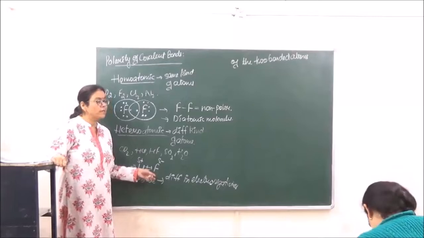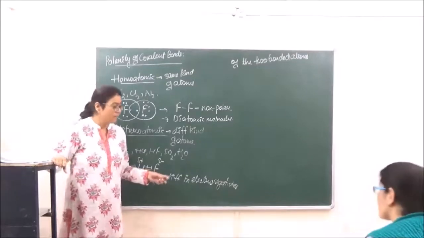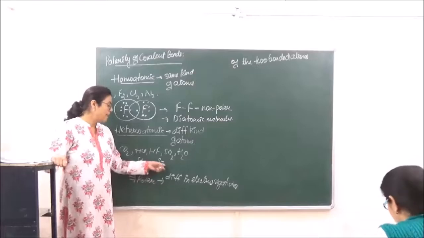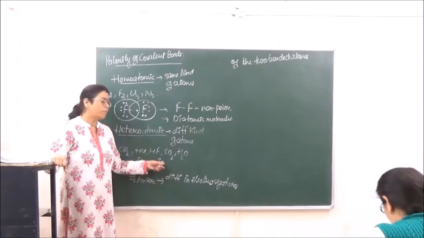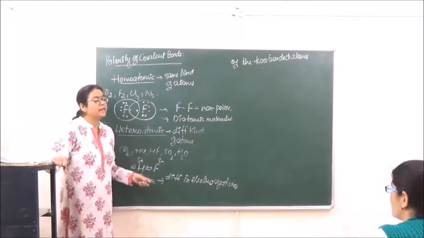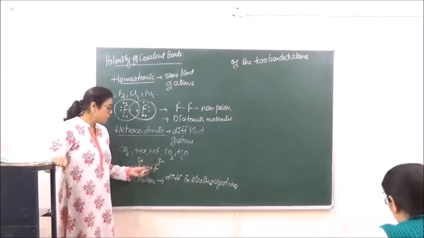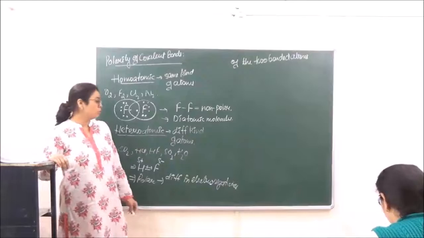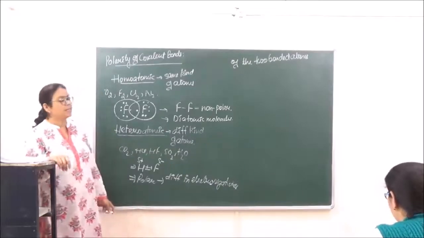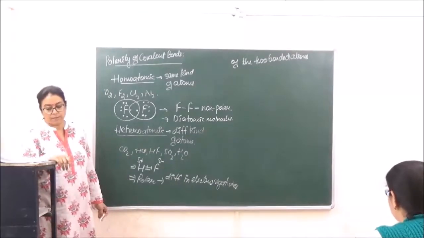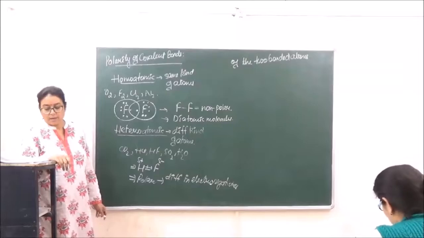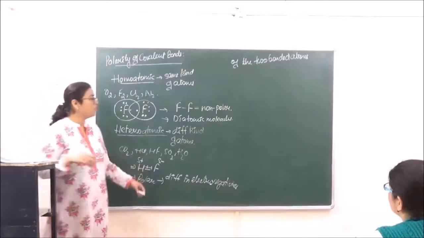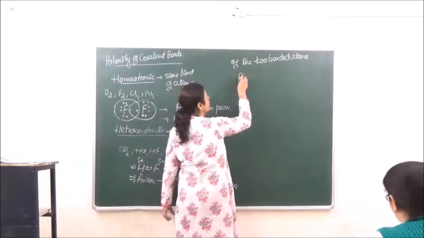Here also the stronger team, which is the more electronegative atom, pulls the shared pair of electrons towards itself, getting an achievement on the basis of the fact that it gets a negative charge on it, right? So such molecules which have different poles created due to difference in electronegativity, they are said to be polar. Okay? So in this, we can say that if you want to now define what a polar covalent bond is, you can write down.